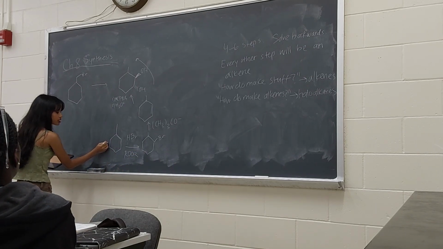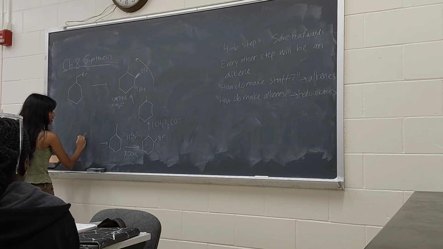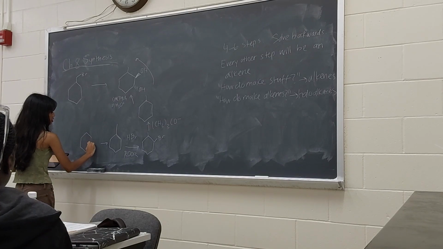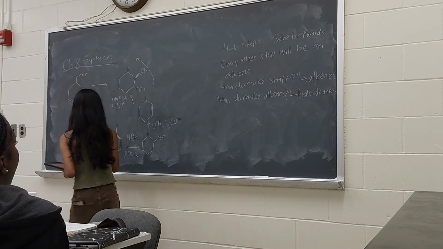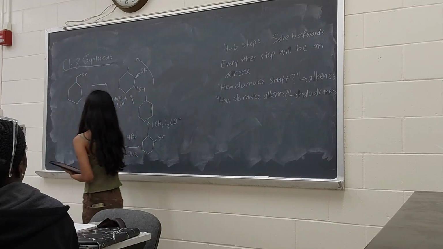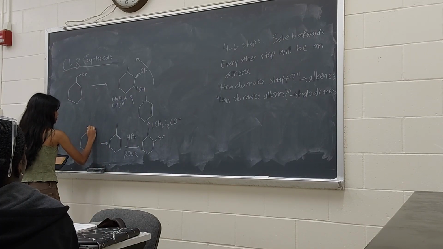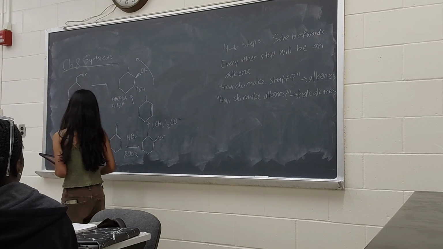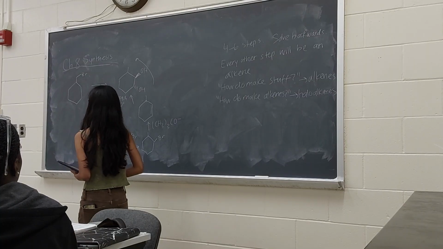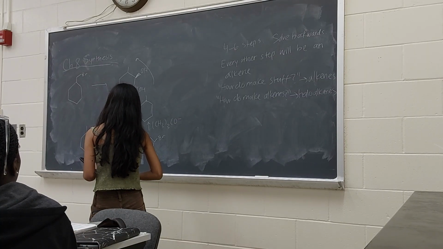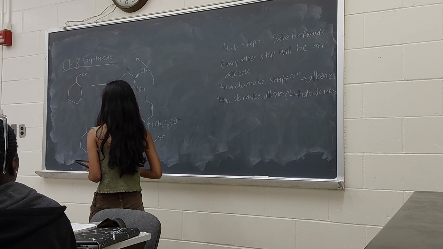How do you make alkenes? Alkane. This time I'm going to add it here, again moving towards the top. Did this alkene add Zaitsev or Hoffman?